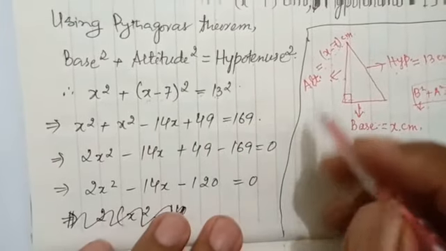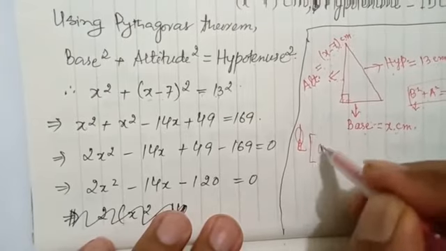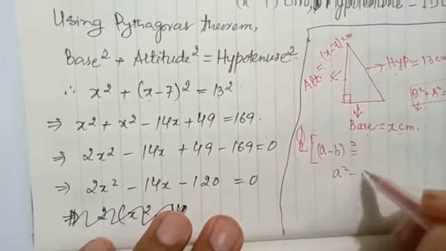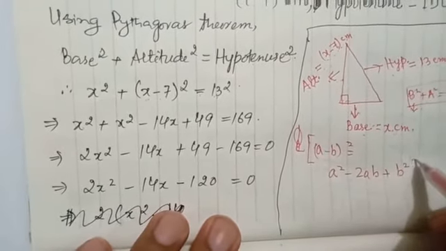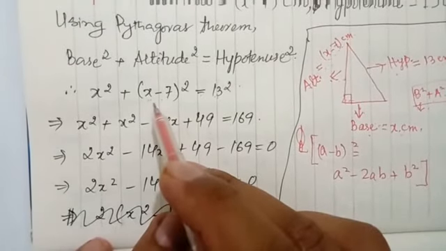We will use the formula (a minus b) whole square equals a square minus 2ab plus b square. This is an identity.